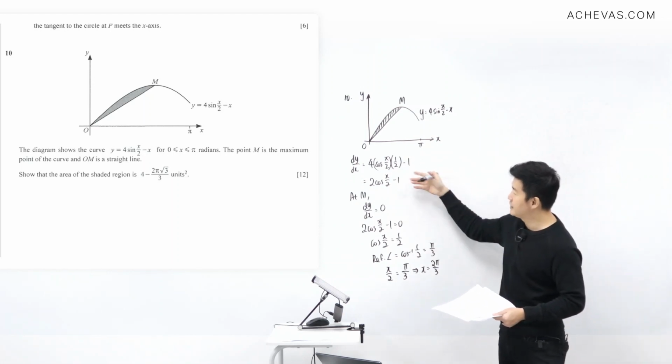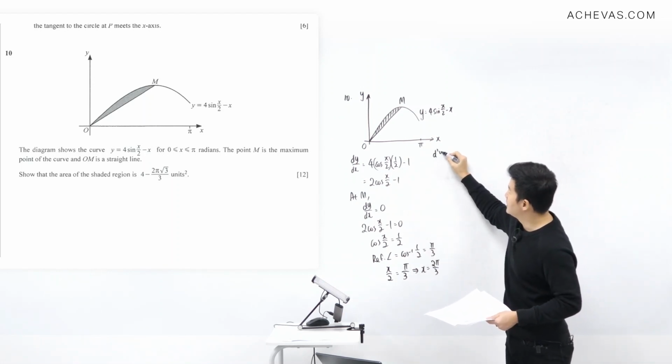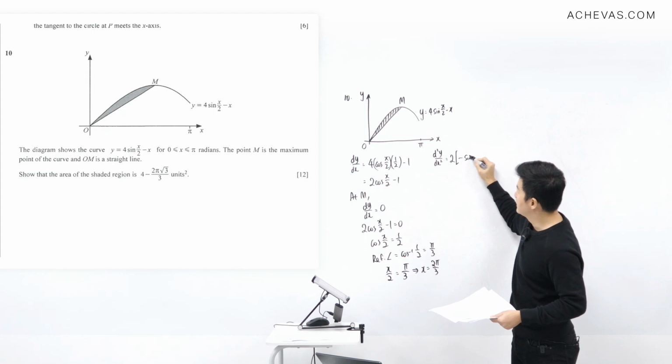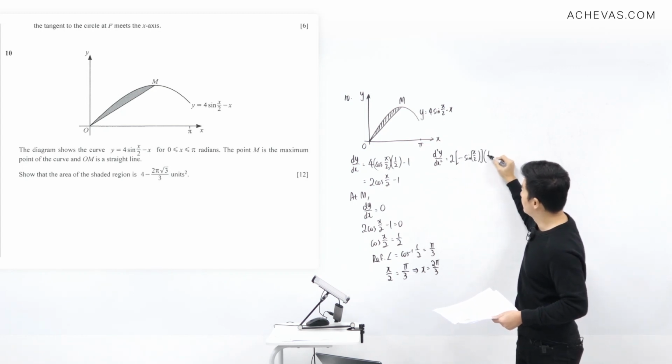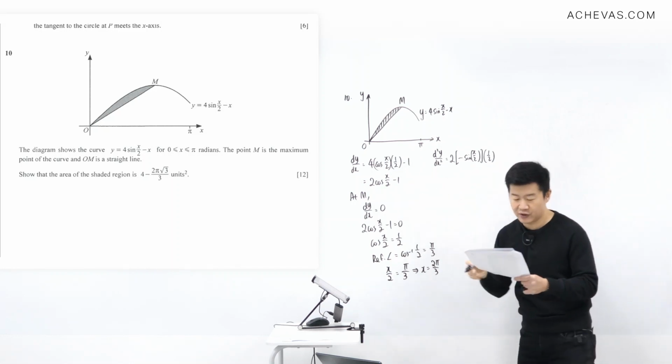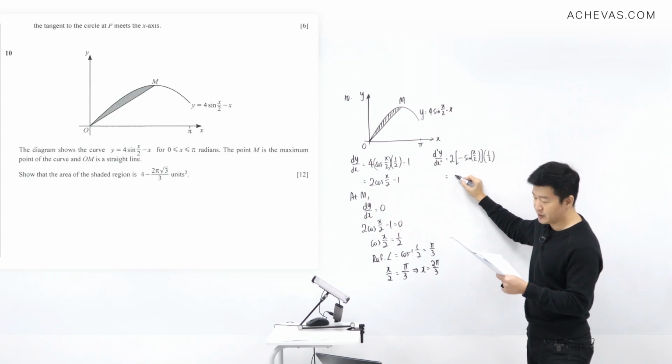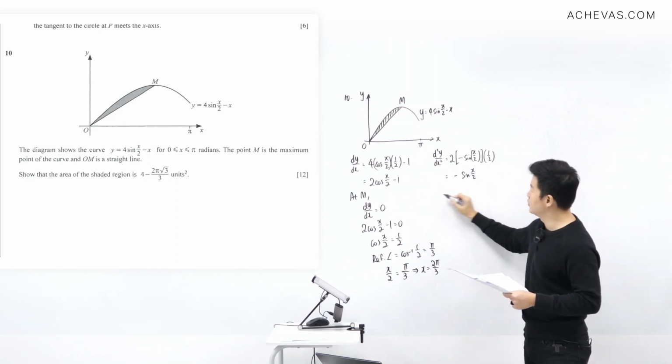So I'm going to take this and differentiate it again. d squared y over dx squared is going to be equal to 2 times minus sine x over 2, then times 1 over 2, and minus 1 when differentiated is equal to 0. So d squared y over dx squared is going to be equal to minus sine of x over 2.